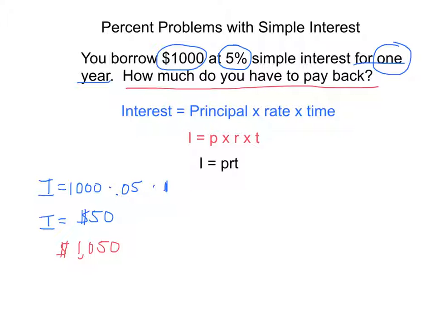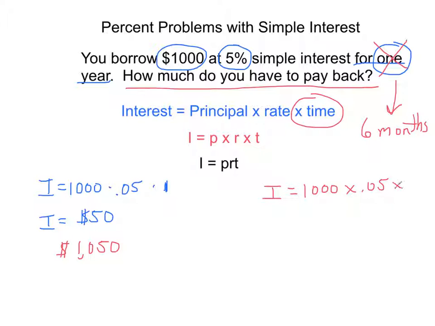The one thing to watch for with simple interest problems is the time. Let's say that instead of keeping that money for 1 year, I'm only going to keep that money for a total of 6 months. Time in this type of problem is always expressed in years. Since 6 months is half of a year, I would be doing interest is equal to $1,000 times the rate 0.05 times 0.5, because 6 months is half of a year.